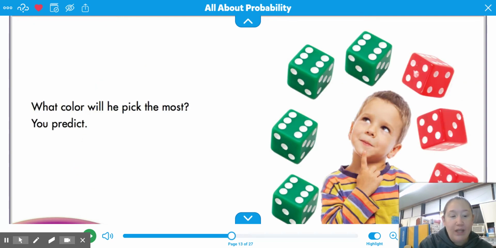What color will he pick the most? You predict. So let's count how many dice there are. We have green, 1, 2, 3, 4, and we have red, 1, 2, 3 red. And it says, what color will he pick the most? So which do we have more of, green or red?